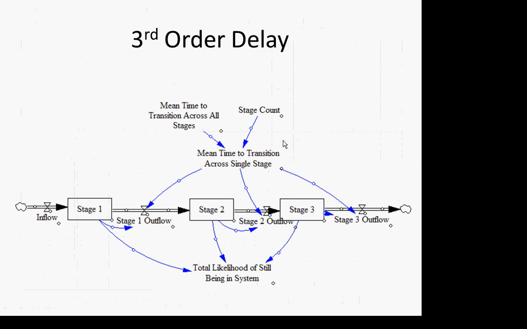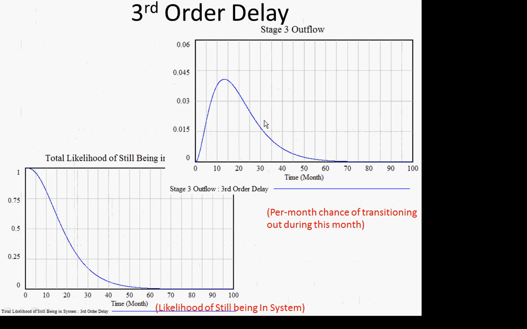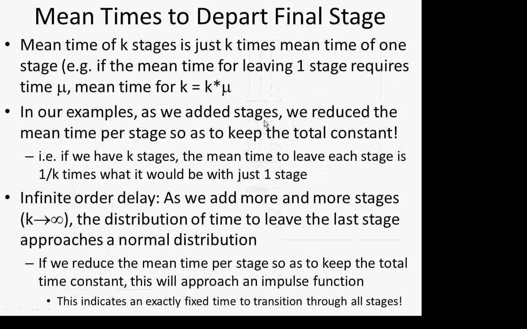So I just made it the same. It's a mean time to transition across all stages, some stage count, and this gave mean time to transition across a single stage of this divided by that. Does that make sense? That's for this particular case. So you're absolutely right, and this is specific to that case. In our examples, we added stages and we reduced this. But this is a more general fact.